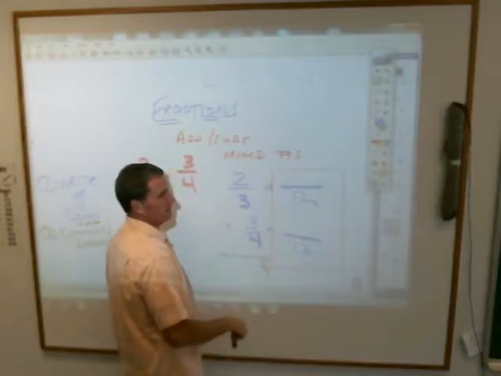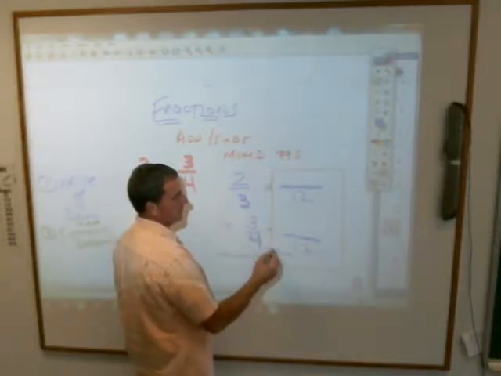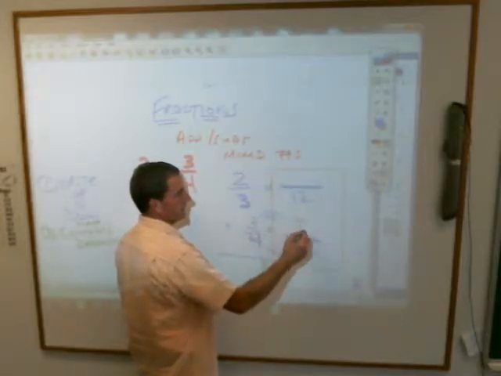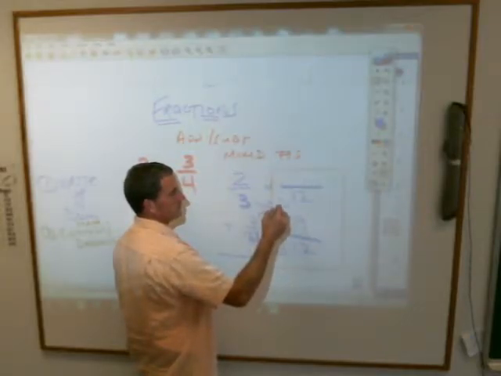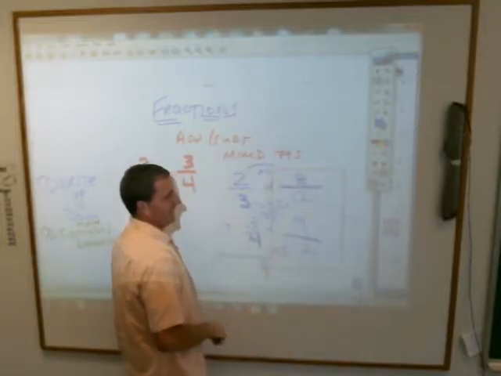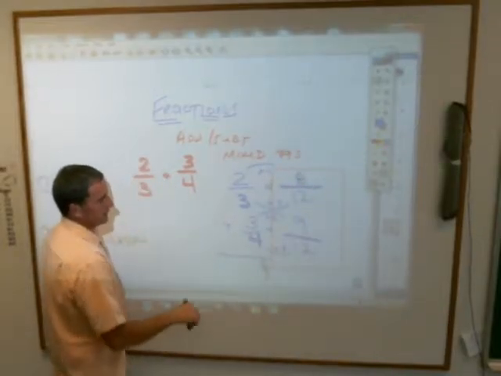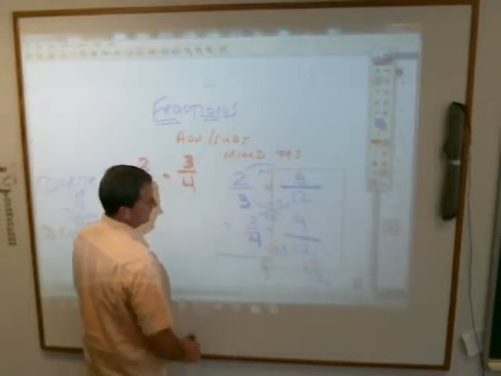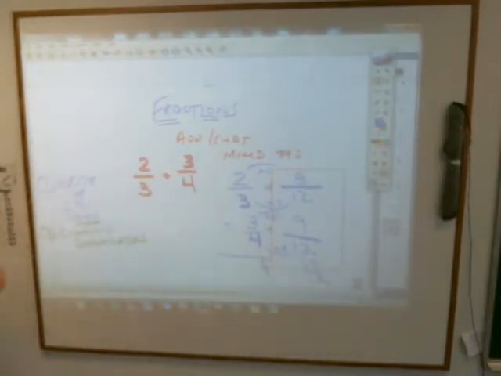And then what has to happen here? Make equal fractions. 4 times 3 is 12, so 3 times 3 is 9. 3 times 4 is 12, so 4 times 2 is 8. Adding them together, you get 17/12, right? And then obviously the last step is always what?